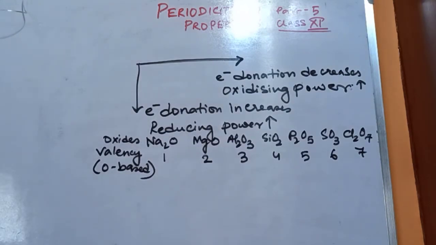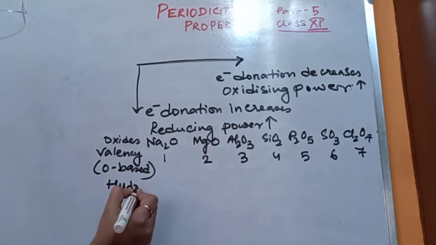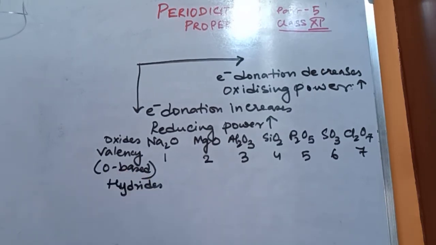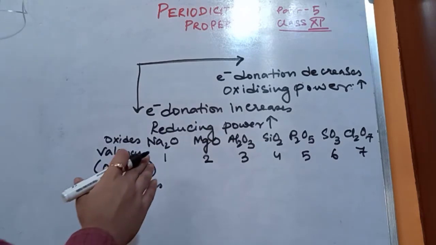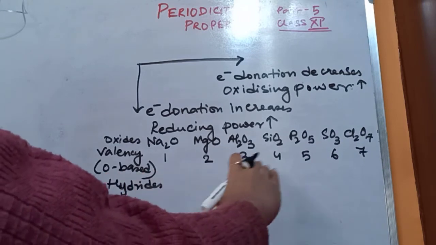When we talk about hydrogen based valency, we will talk about the hydrides. When we are talking about oxides, we will say that across a period the valency increases.